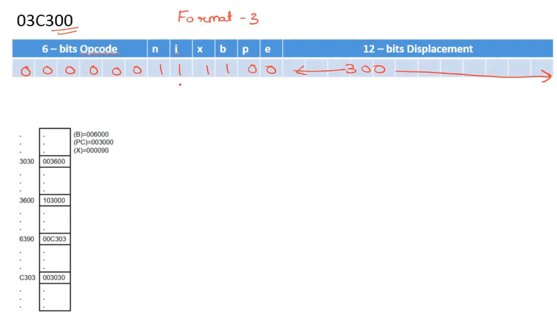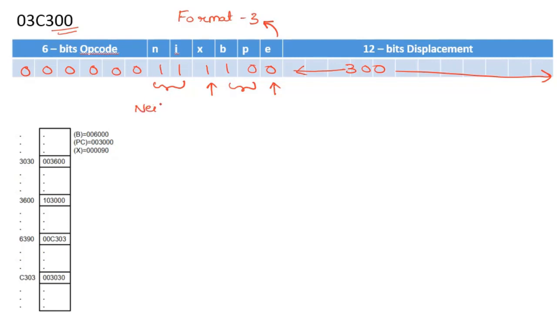Next job is we have to identify the addressing mode. How do we identify the addressing mode? Please note, we will process N and I together, B and P together. E is 0, so it is format 3. Next X is there. So now tell me, when N and I values are 1 and 1, what is the addressing mode?